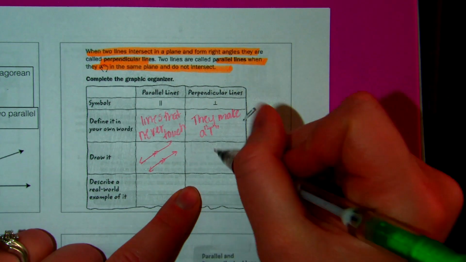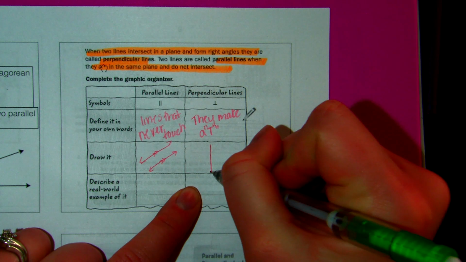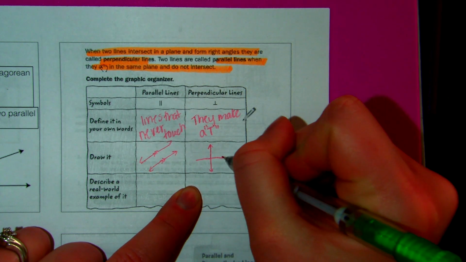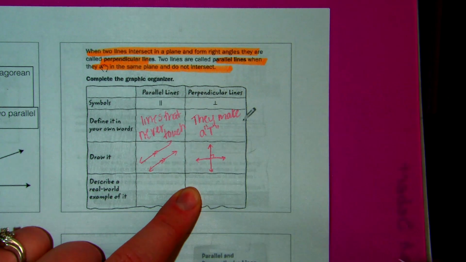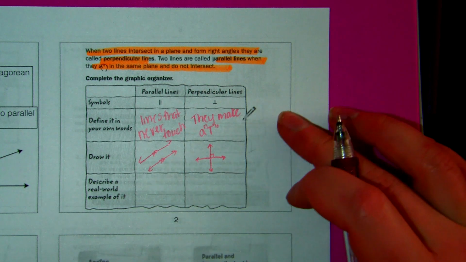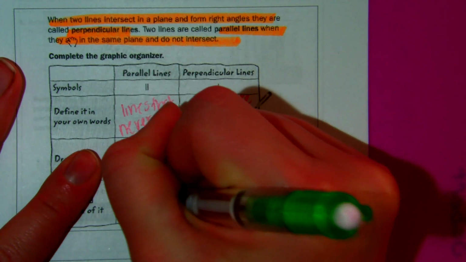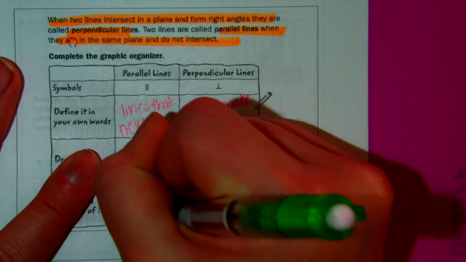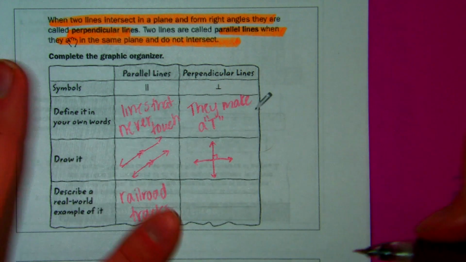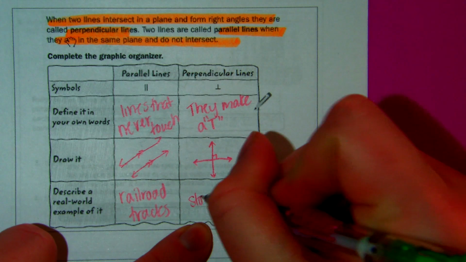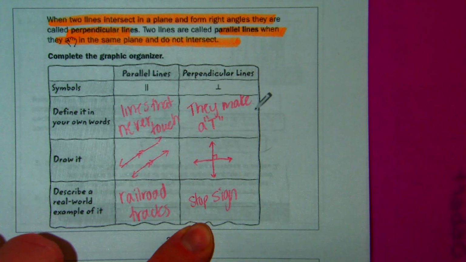Perpendicular, you have a line like this, and another line cuts it right here, and it makes a 90-degree angle. Define a railroad example. So somewhere I might see parallel lines would be railroad tracks. Perpendicular lines at a stop sign, when two roads intersect at a stop sign.